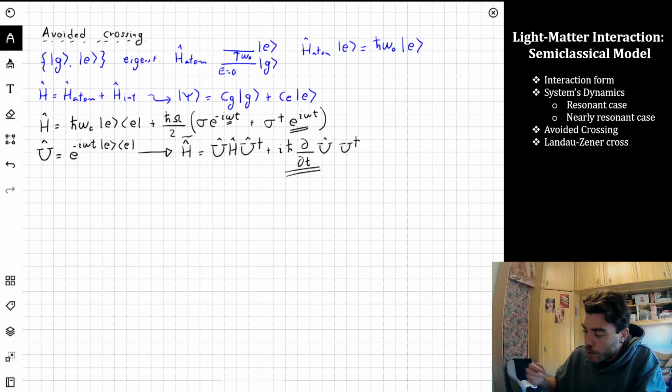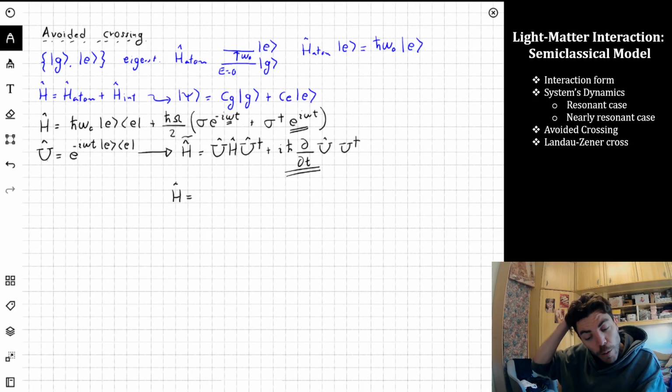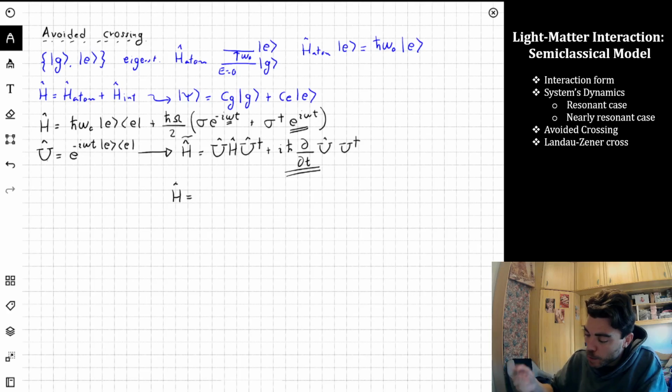It's easy to prove. And this term is there because the unitary we are considering right now is explicitly time dependent. When you apply this transformation, we just apply the rule for operators and so on. We will again do a lot of this in a video not very far in the future, in which we will consider the dispersive regime of circuit quantum electrodynamics, but I don't want to spoil you again.